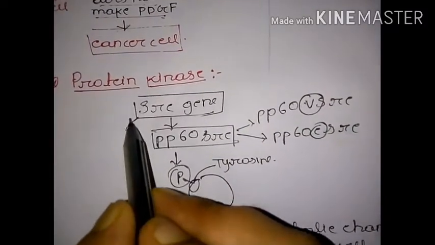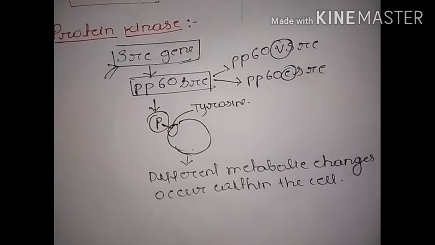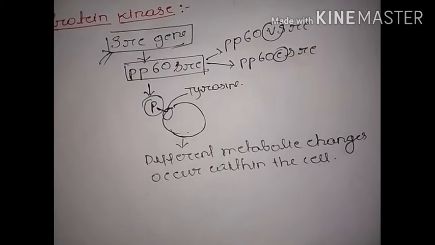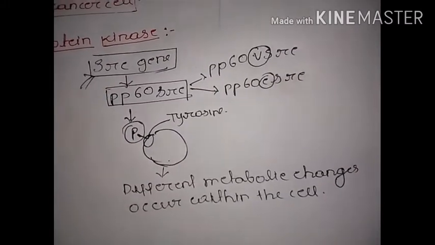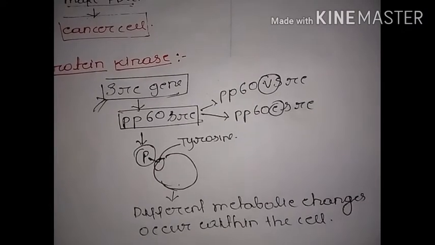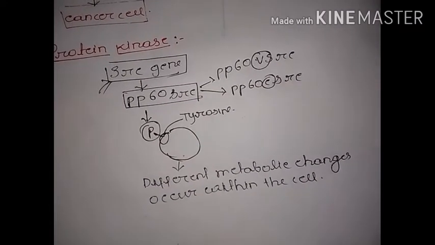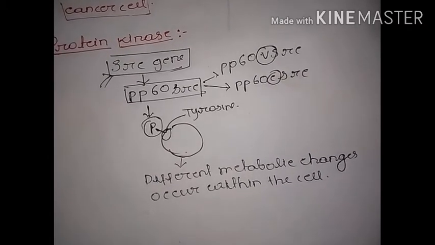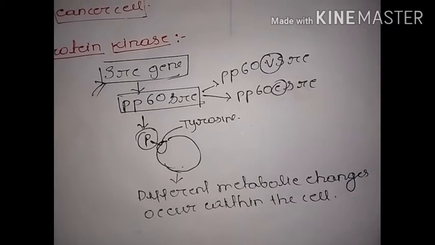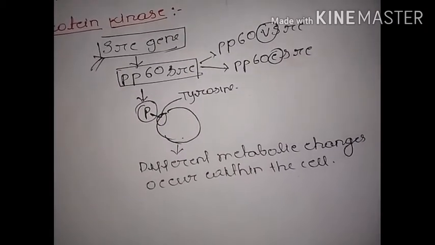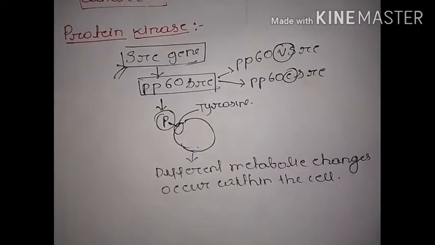So if there is a mutation in this particular SRC gene, now the SRC gene acts as an oncogene, and this oncogene helps in the phosphorylation of different proteins, and now the normal cell loses its function, and a multitude of metabolic changes in the cell occur, and that ultimately transforms a normal cell into a cancer cell.